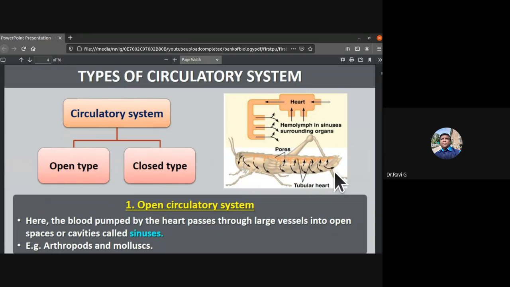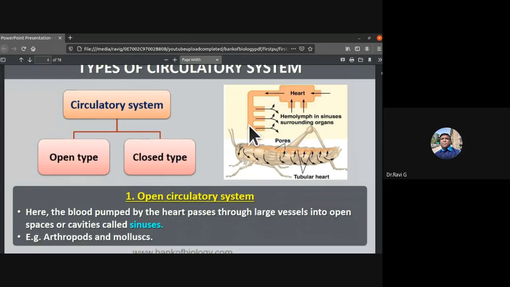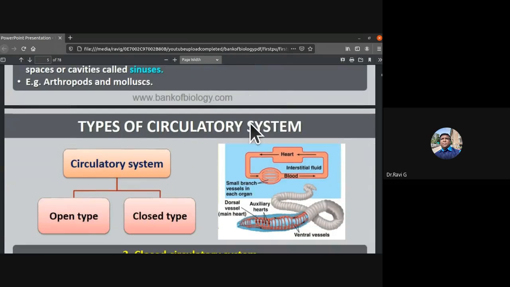The heart pumps blood through large vessels into the sinuses. Examples are arthropods and mollusks.